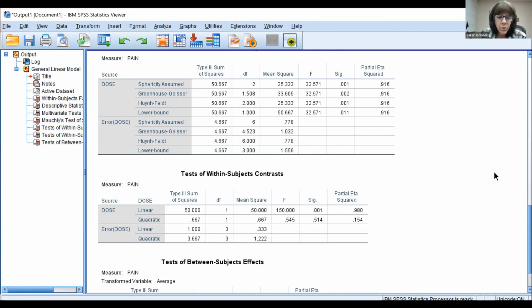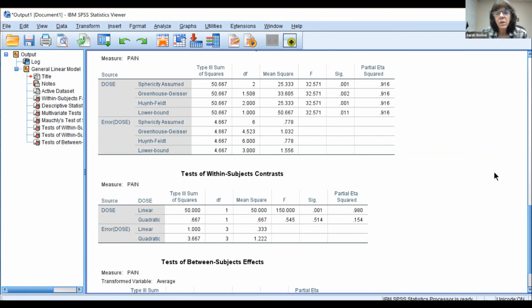In other words, whether a linear, or when you have more than 2 levels of repeated measures, a quadratic function will fit the relationship between pain and level of dose.